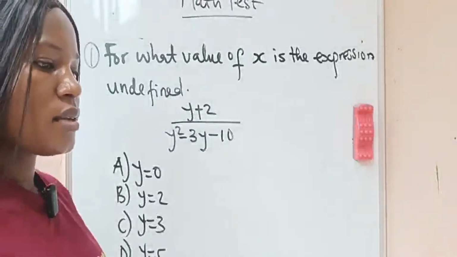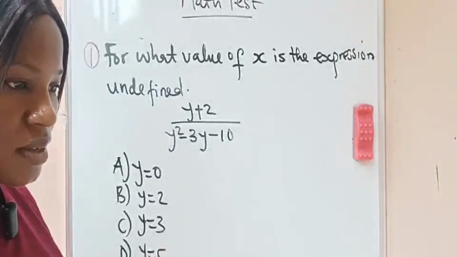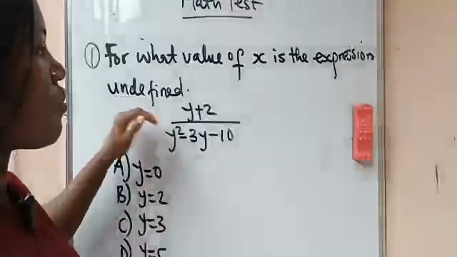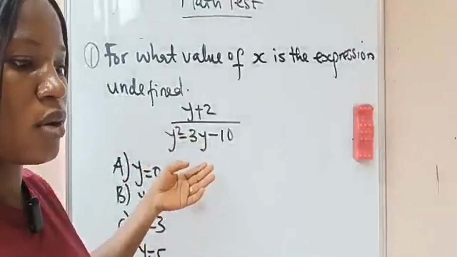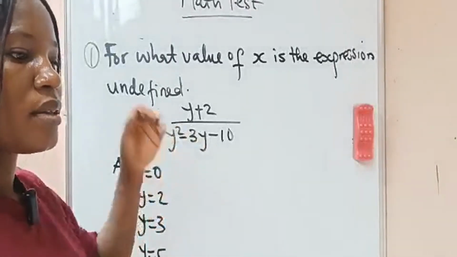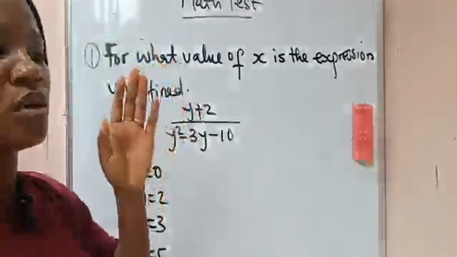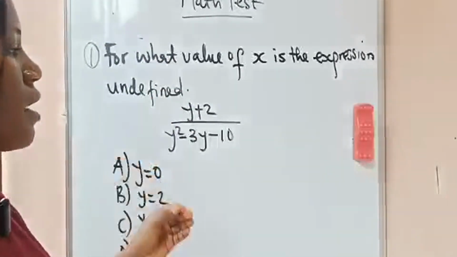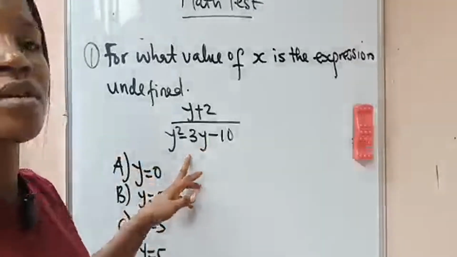Now, first things first, we need to understand what it means for an expression to be undefined. For an expression to be undefined, it simply means that the denominator is 0.